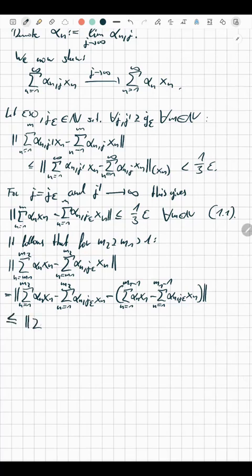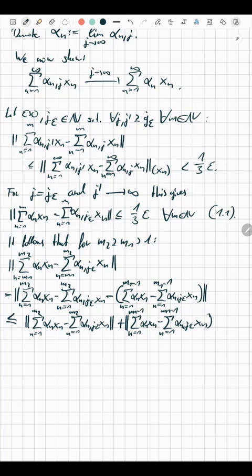So we get the following. And now we can use our inequalities that we obtained earlier and just say that this is less or equal to 2/3 epsilon, since both of these are less or equal to 1/3 of epsilon.